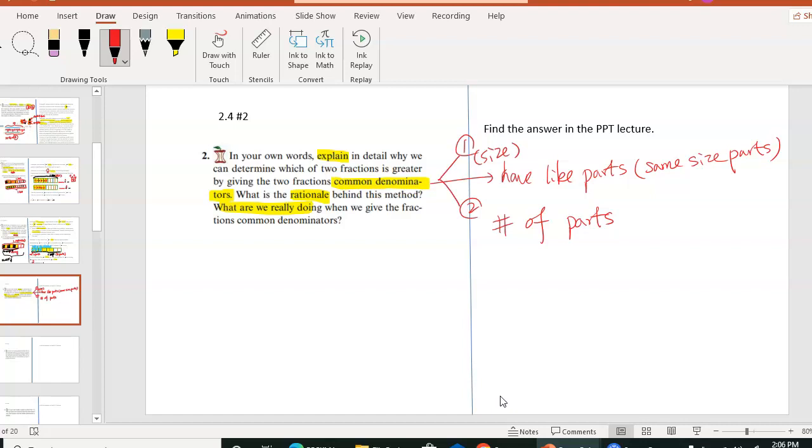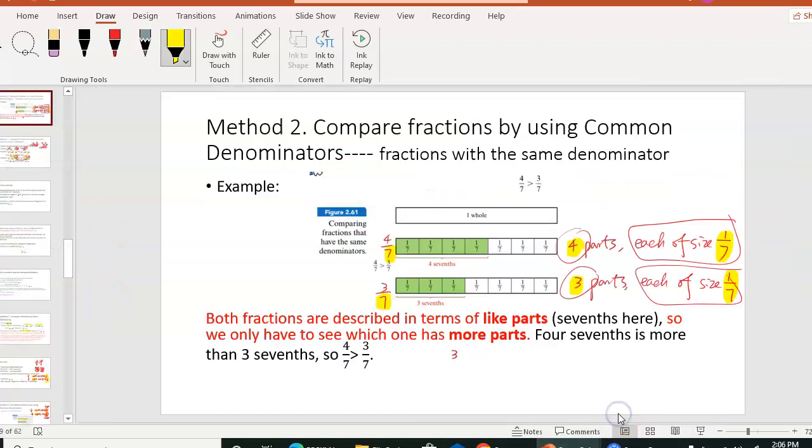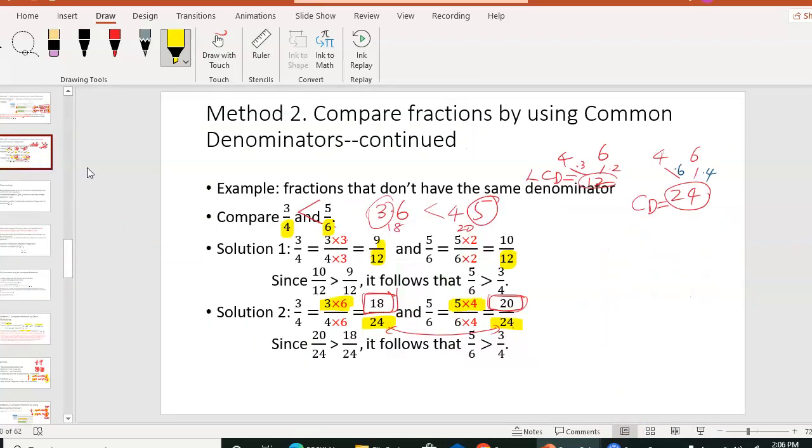Now, what are we really doing when we give them common denominators? Originally, if you have two fractions with different denominators, like 3/4 and 5/6, that means 3 parts each of size 1/4, but 5 parts each of size 1/6. We cannot compare them. Although this one has 2 more parts than 3 parts, the size is smaller.